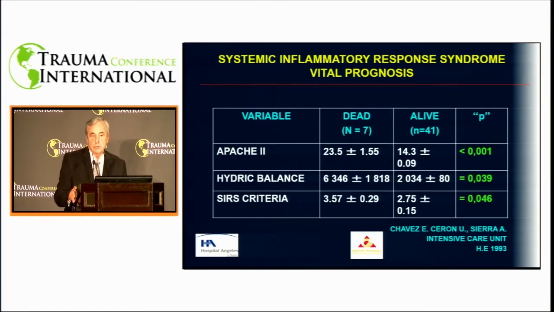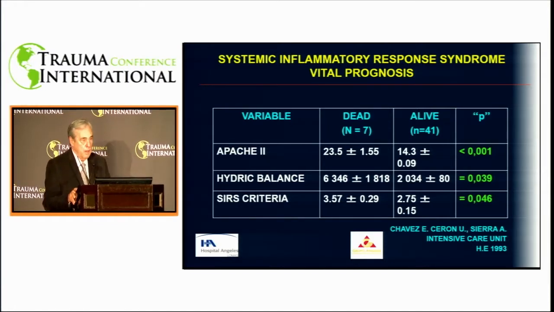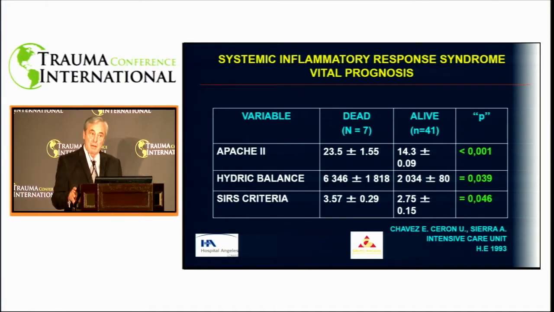And the other problem that we studied quite a bit at our unit was to see what happened to patients that got over severe septic shock. And we compared the patients that were in this condition.